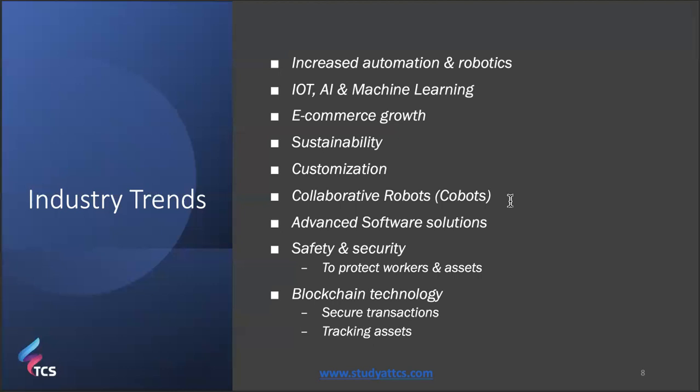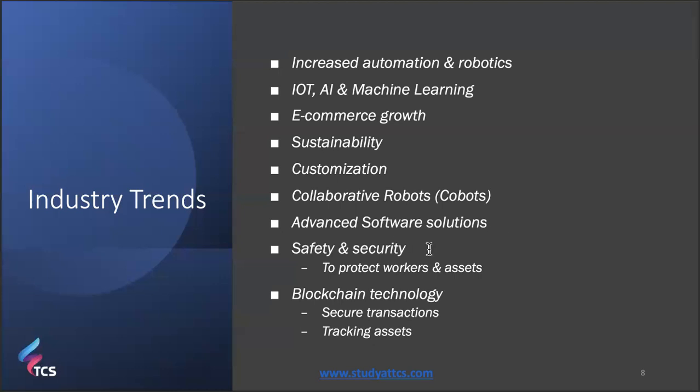So cobots are in use, and there are advanced software solutions being provided with the intention of integrating all these different types of devices, different types of vehicles, as well as the warehouse management systems utilized by each and every client.